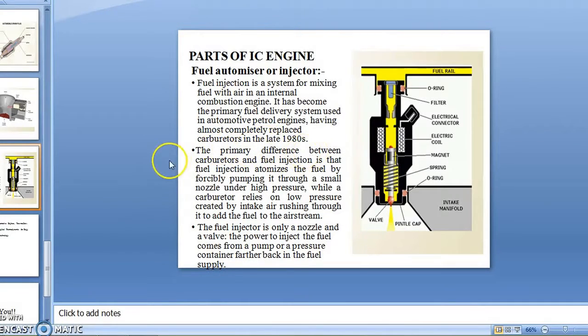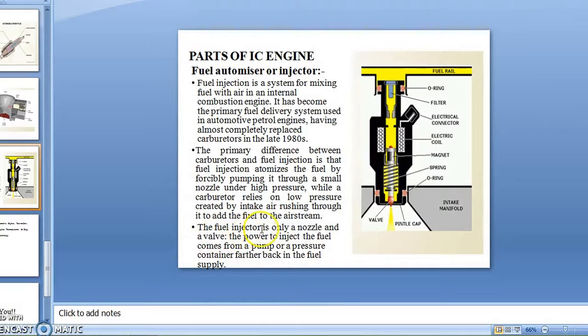The primary difference between the carburetor and fuel injector is that the fuel injector atomizes the fuel by forcibly pumping it through a small nozzle under high pressure, while a carburetor relies on low pressure created by intake air rushing through it to add the fuel to the air stream.